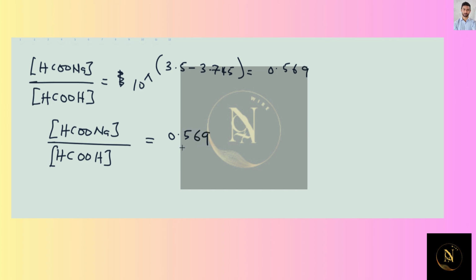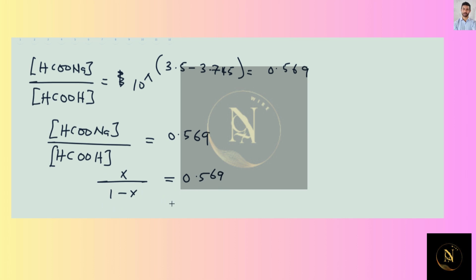So now we can make an assumption that the volume of one of them is x, while the other one will be 1 minus x. So we can say x over 1 minus x is 0.569. When we figure out x, we can figure out what the other one will be.